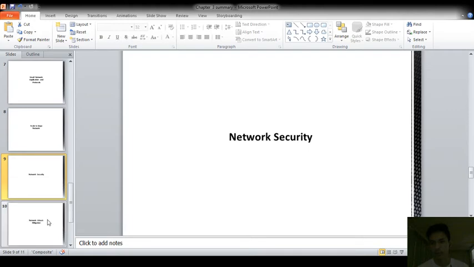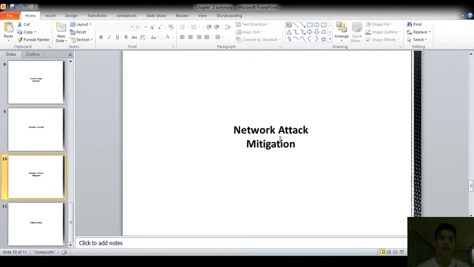Next is network attack mitigation. To avoid being attacked by malware, on the network or the devices, it is important to back up, upgrade, update, and patch your devices.